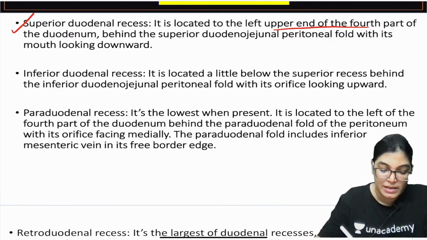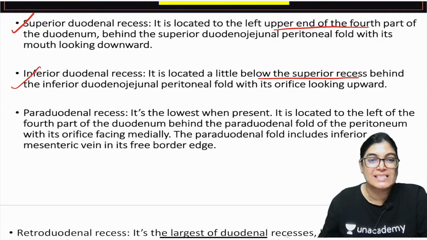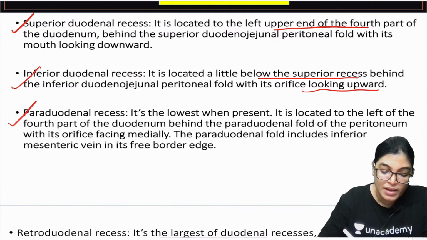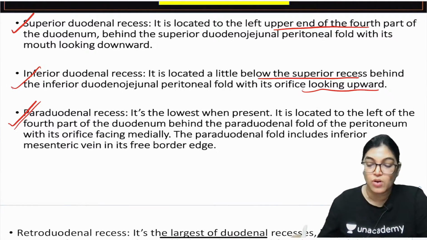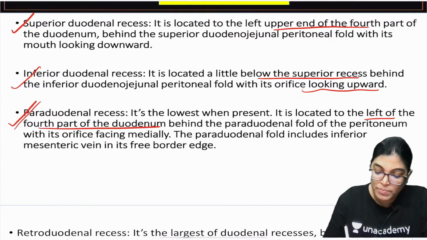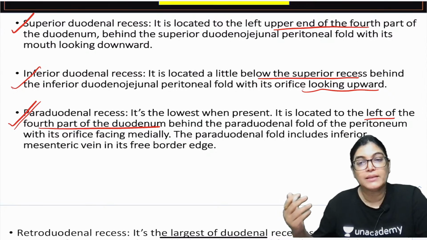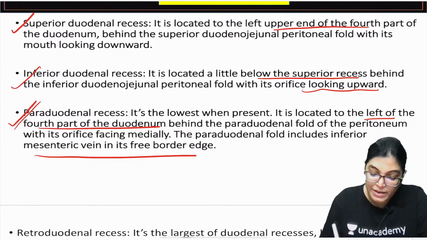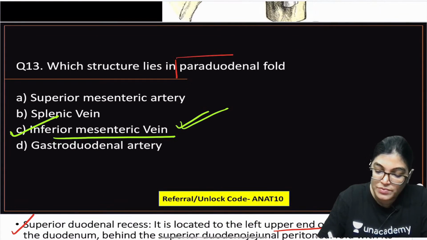The inferior duodenal recess is below the superior recess, and its direction is upward. The paraduodenal recess is the lowest when it is present. It is to the left of the fourth part of the duodenum, exactly behind the paraduodenal fold of peritoneum. The paraduodenal fold includes the inferior mesenteric vein. Okay, so this was the question which has been asked.